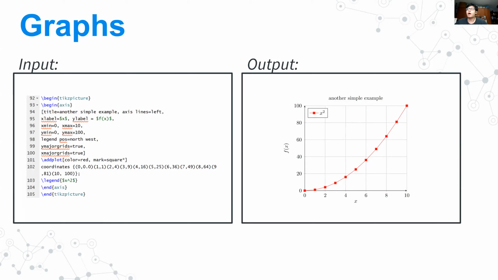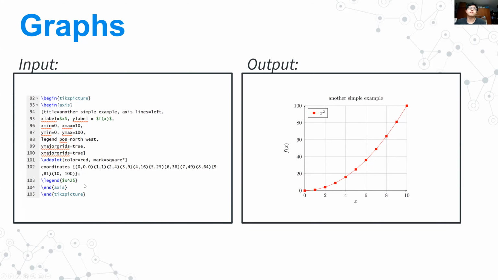In this case, our function is x squared. So we have (0, 0), (1, 1), (2, 4), (3, 9), (4, 16), and so on and so forth till (10, 100). So I have to painstakingly specify each coordinate inside the function.